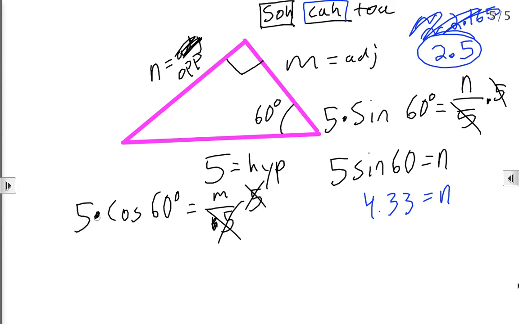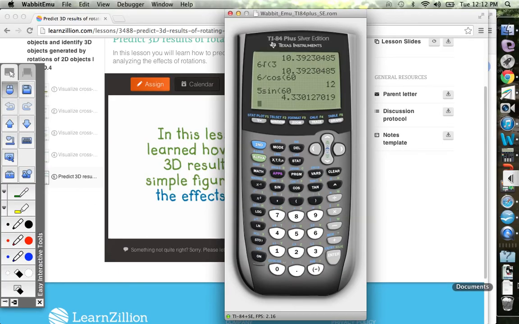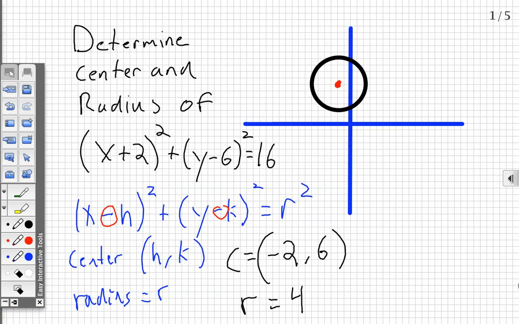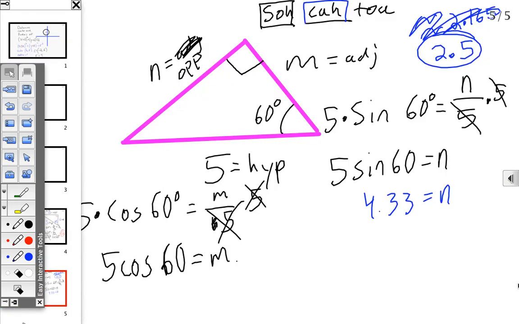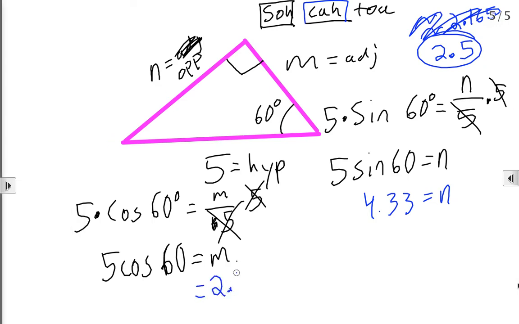Got to do it on both sides. And so whatever 5 cosine 60 is going to be our m value. And like I said, I've predicted that's going to be 2.5. Let's just go ahead and double check 5 cosine 60. And sure enough, it's 2.5. And so we're done there.